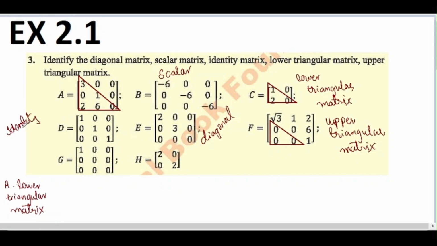And why is it not an identity matrix? Because an identity matrix needs all the diagonal entries to be 1 and the rest of them 0. The rest of them are 0 in this G matrix, but all the diagonal entries are not 1. Two of them are zeros and one of them is just 1, so we call it a diagonal matrix.